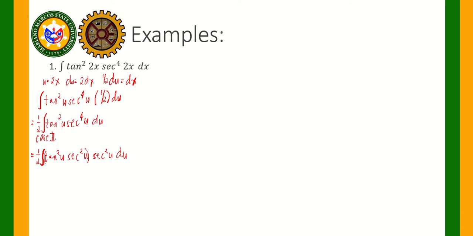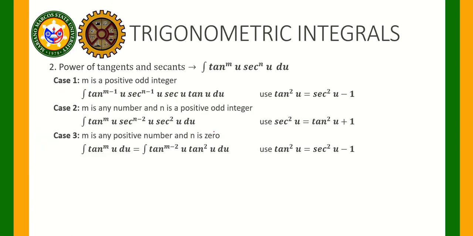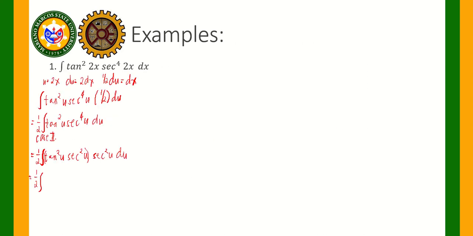What is the substitution for secant squared u? Anong gagamitin nating substitution? For case number 2, secant squared u is equal to tangent squared u plus 1. So yun yung gagamitin natin dito. This will be equal to tangent squared u plus 1 times the secant squared u du.